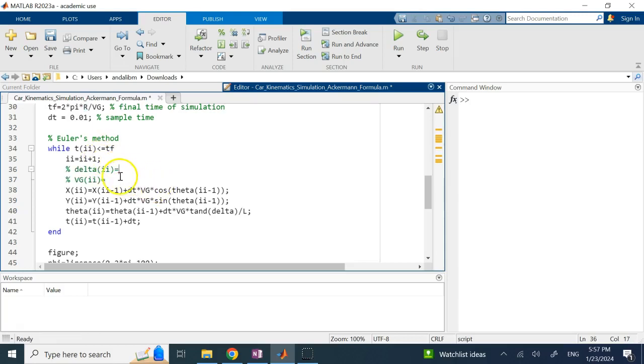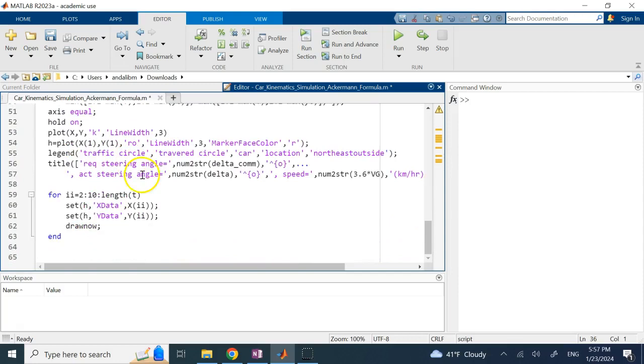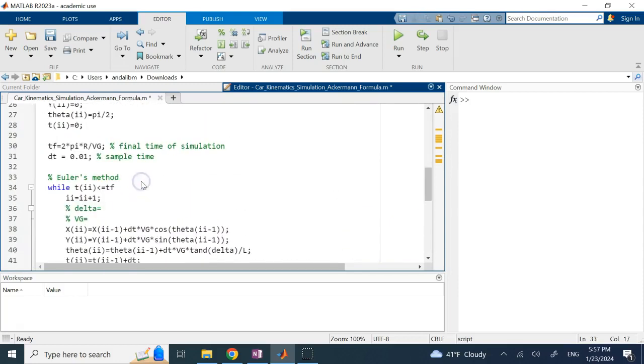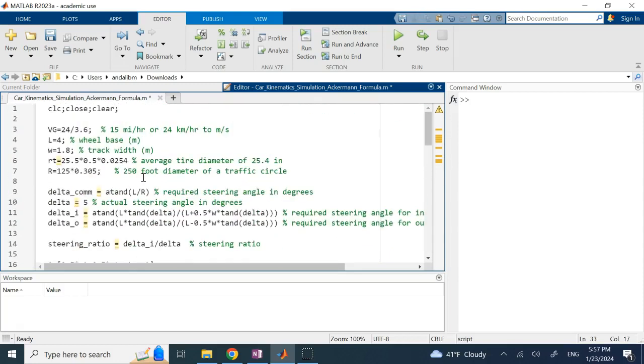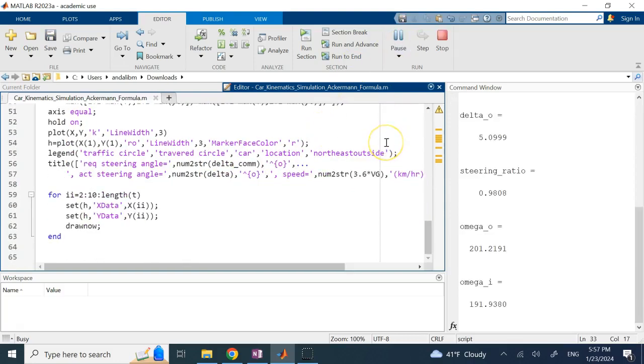You can change them as you need, within the loop. Like in real life, you're adaptively changing your speed or adaptively changing your delta. So you can change them within the loop instead of keeping them constant. That makes your animation a lot more interesting. Okay, so now let's just run the animation. Let's take a look.